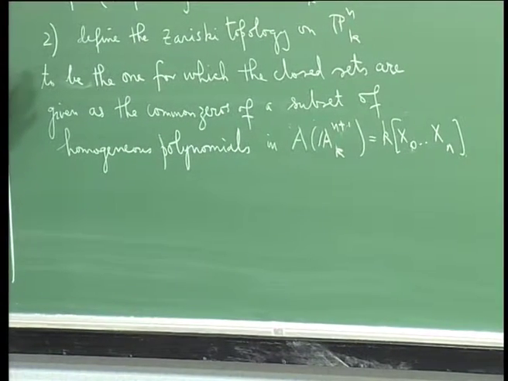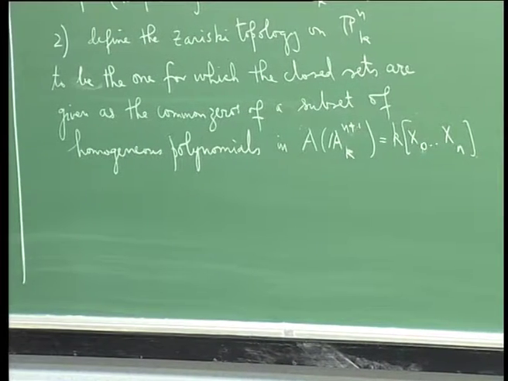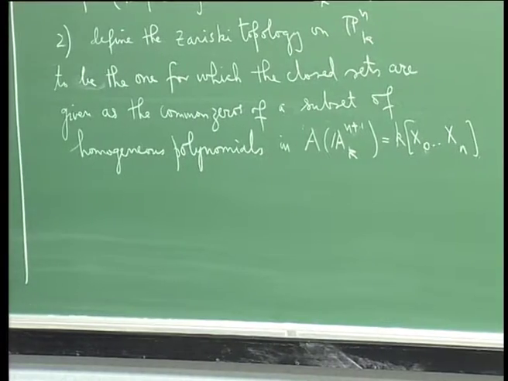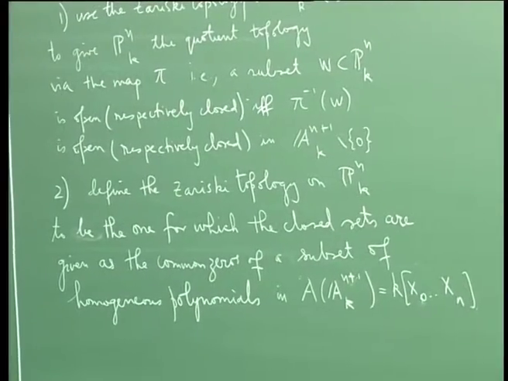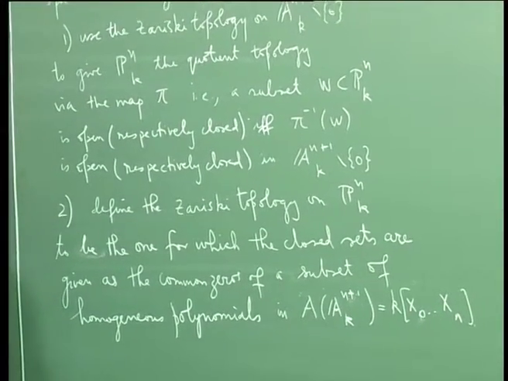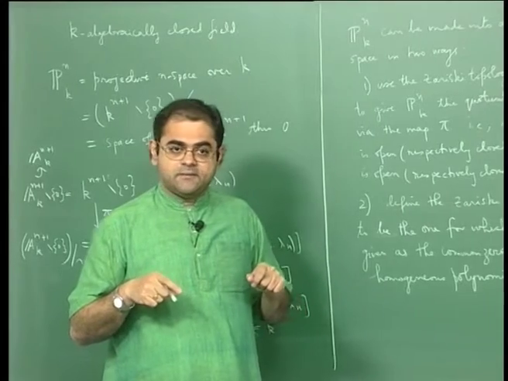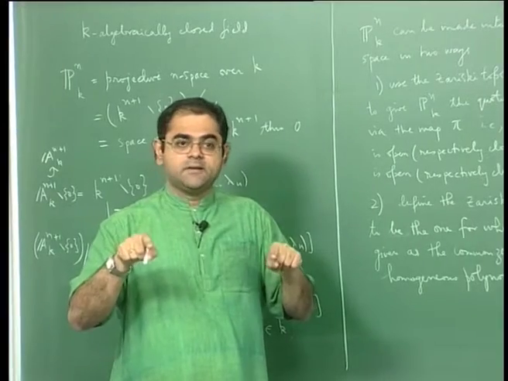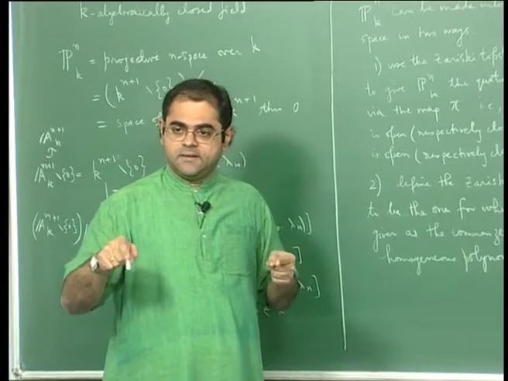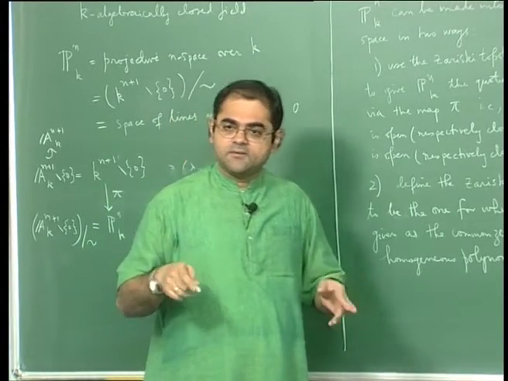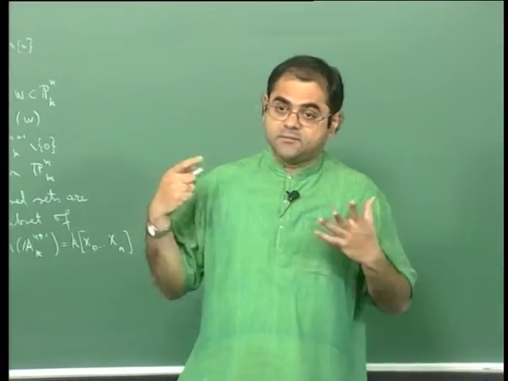This is the Zariski topology on the projective space, which imitates the affine one: it's also given by common zero loci of a bunch of polynomials, but in this case we consider only homogeneous polynomials. And mind you, homogeneous polynomial means that if you substitute for each variable the same constant multiple t times that variable, then that constant comes out with a power, it can be factored out, and that power is called the degree of homogeneity of the polynomial.